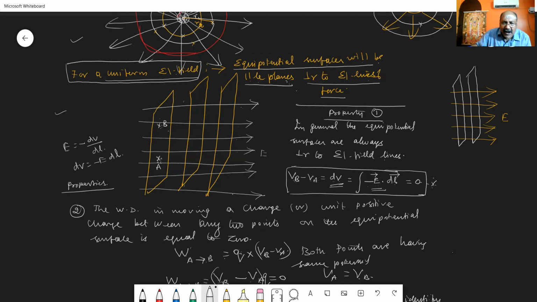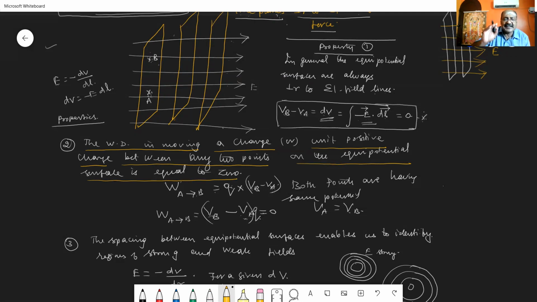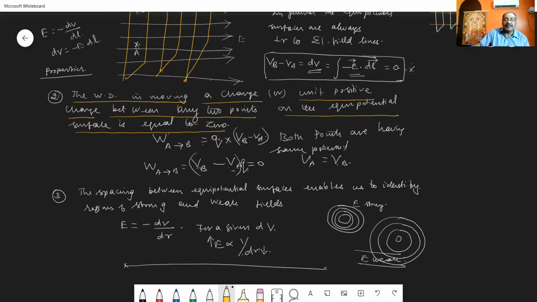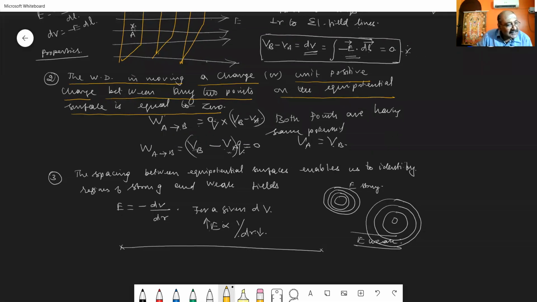The difference in potential on an equipotential surface is equal to 0 because both VA and VB are equal. Therefore, work done is equal to 0. So what is the conclusion? The work done in moving a charge, or a unit positive charge, between any 2 points on the equipotential surface is equal to 0. This is the second property. Then what is the third one?